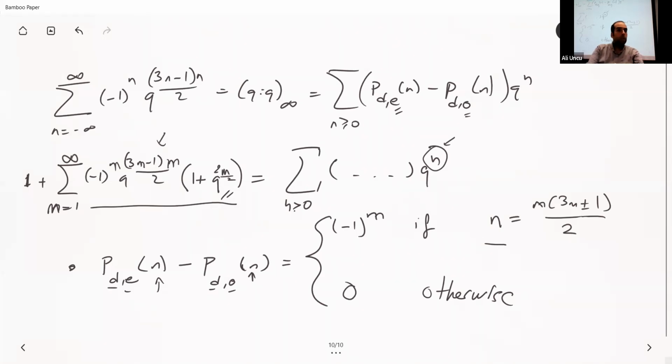Because if n doesn't match a pentagonal number, then this sum is 0, right? People get +1 instead of -1 because either we add those m or we multiply. Okay, so this m is multiplied. Yes, here this is multiplied on the inside.